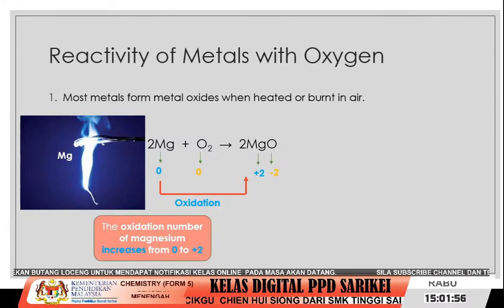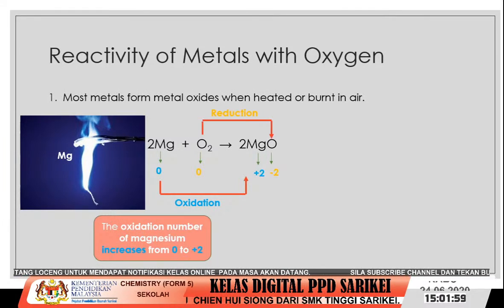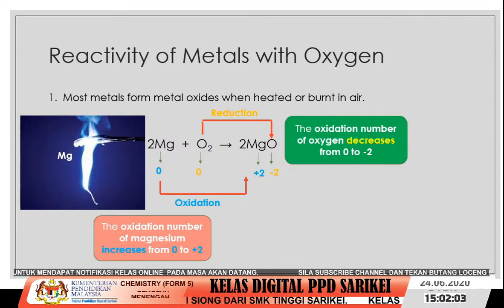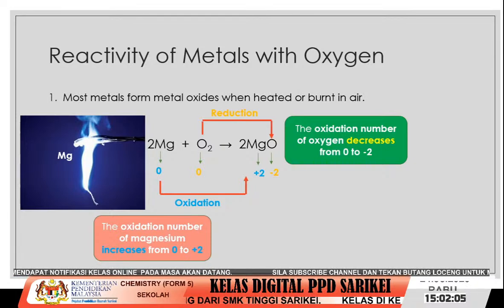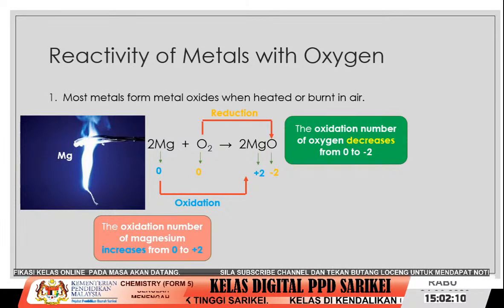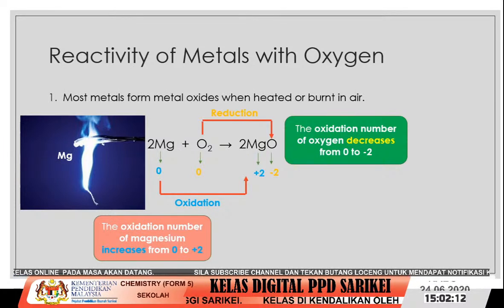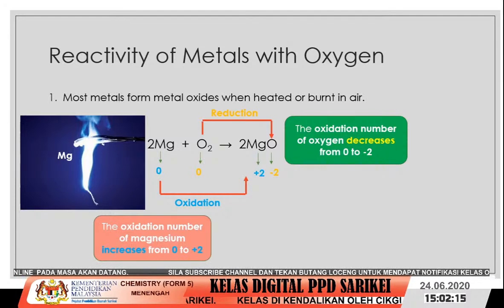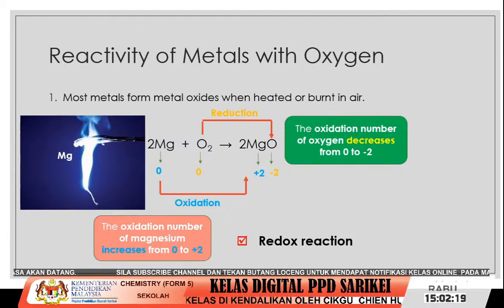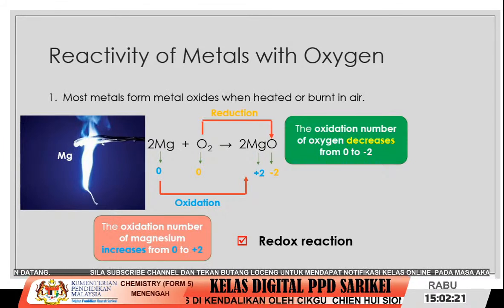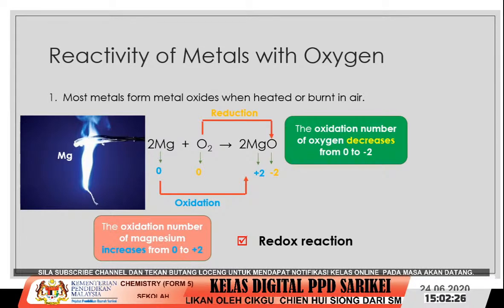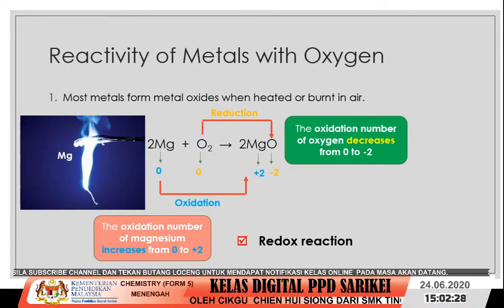So we can say oxygen has been reduced because the oxidation number of oxygen decreases from 0 to negative 2. So burning of magnesium in oxygen is an example of redox reaction because oxidation and reduction occur simultaneously, or at the same time.